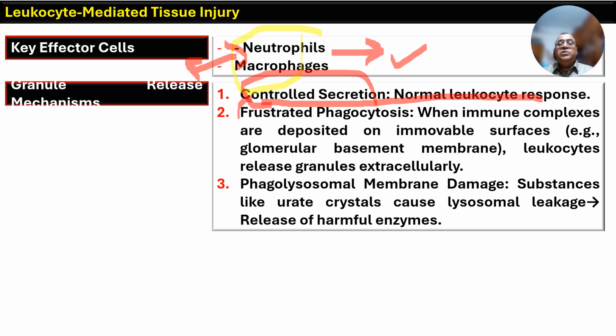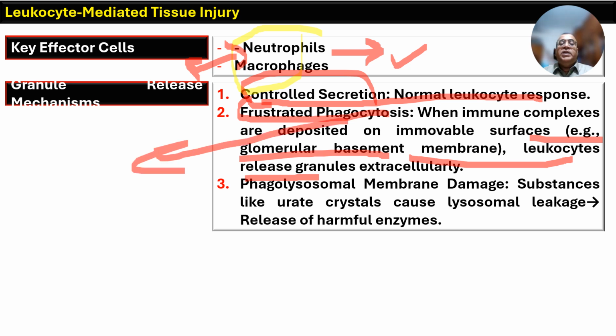Frustrated phagocytosis is a term that is applied when immune complexes are deposited on immovable surfaces like the glomerular basement membrane, and the leukocytes then release their granules extracellularly to combat the damage, but they actually induce more damage to the environment.